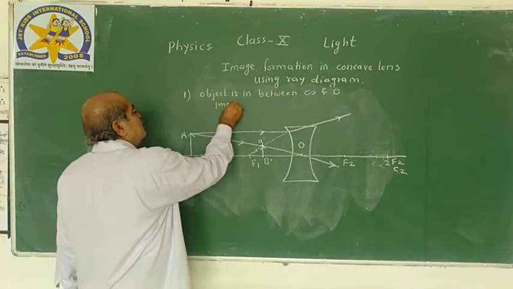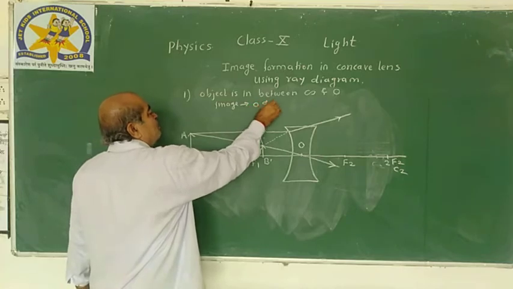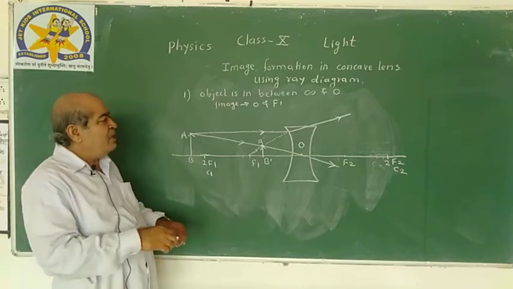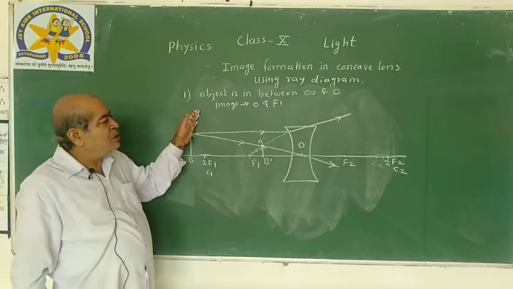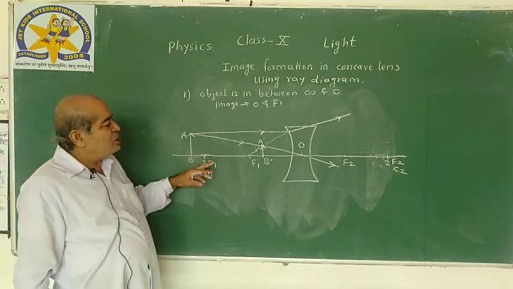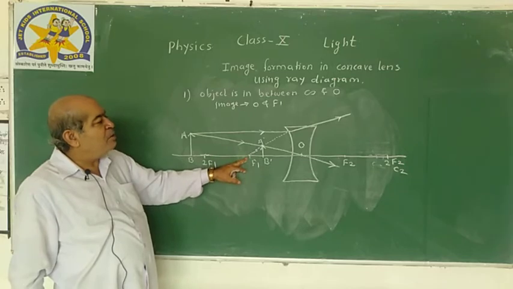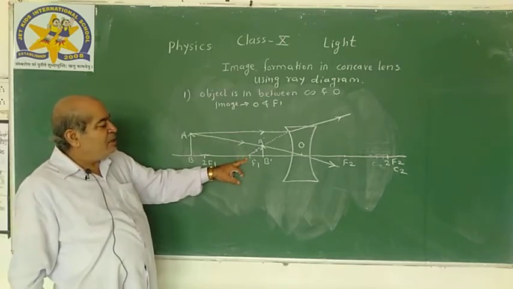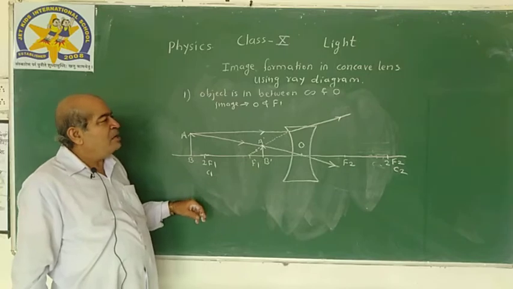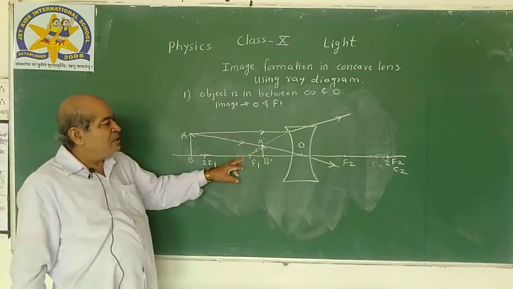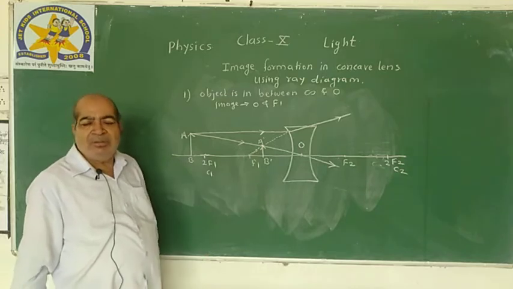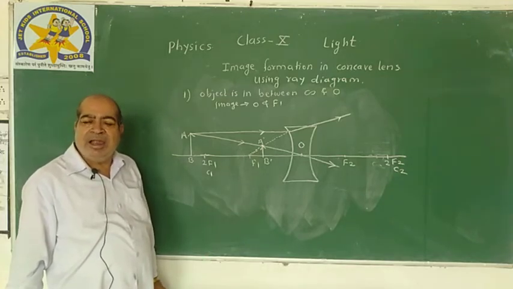So what is the position of the image? The image is formed between the optical center and the principal focus F1, on the same side of the object, and the size of the image is diminished, meaning small in size, and the nature of the image is again virtual and erect.